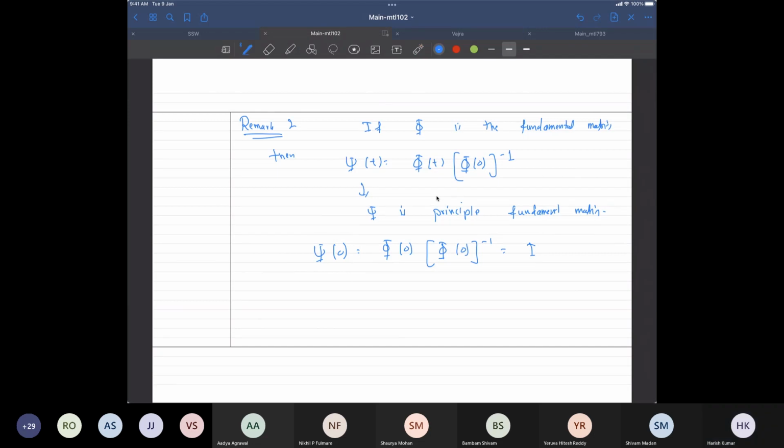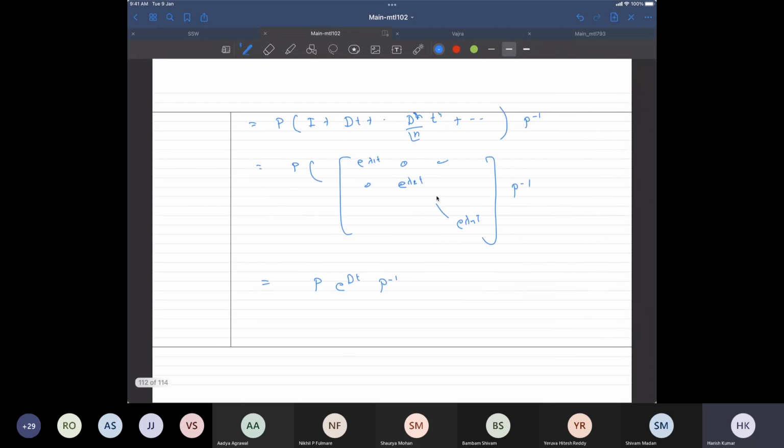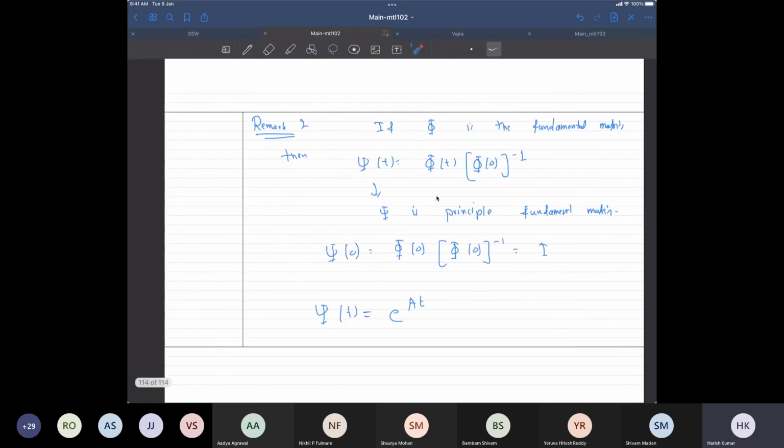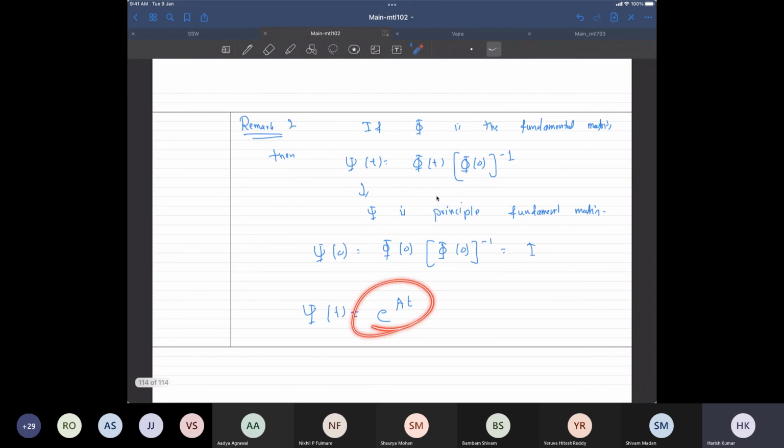Now note that this principal fundamental matrix is nothing but e to the power At. So if you find this, you see that what is this? This thing is nothing but this thing, which is also this thing.